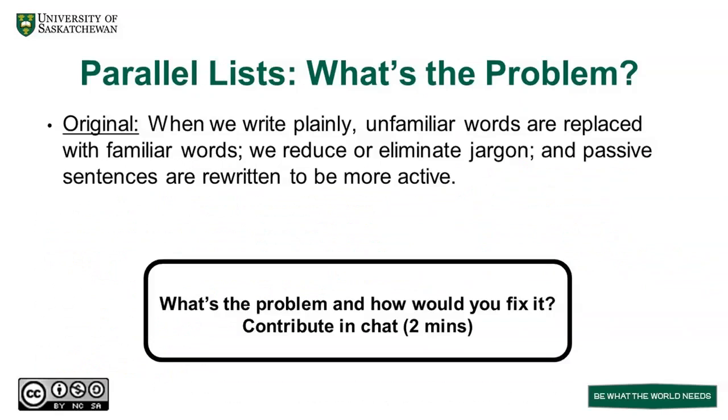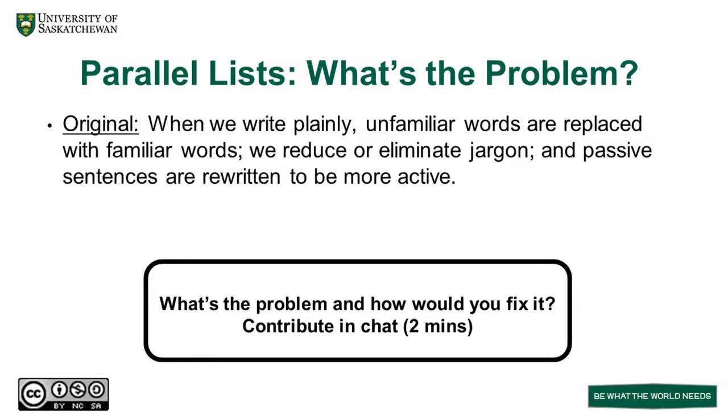So let's look at another example. Let's put our problem-solving hats on. Here we have an example of a sentence where something is a little wrong. Again, we're looking at another example of faulty parallelism. So what's the problem and how would you fix it?